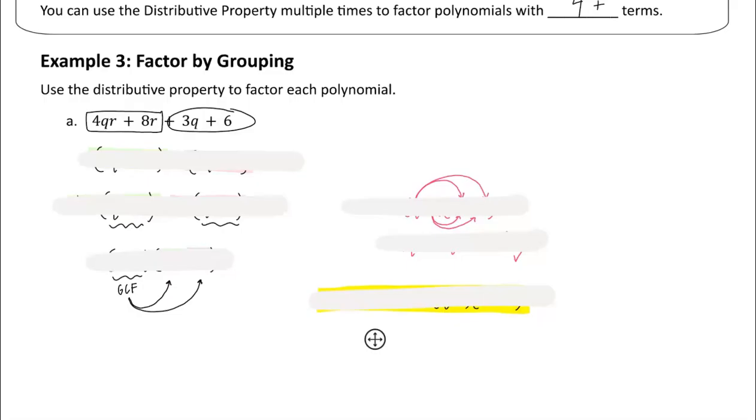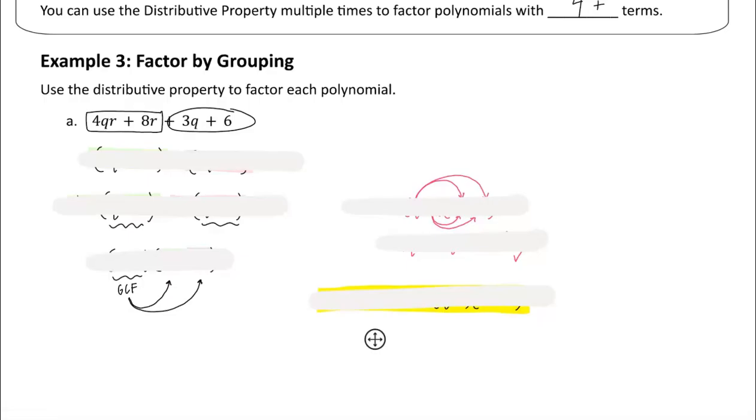When you're splitting up your groups, you want to try to pick groups that have something in common. So I'm going to pick these 2 first terms to go together because I noticed they both could have a 4 go into them, and they both have an R in them. Also, I noticed that for the last 2 terms, they both have a common factor of 3.